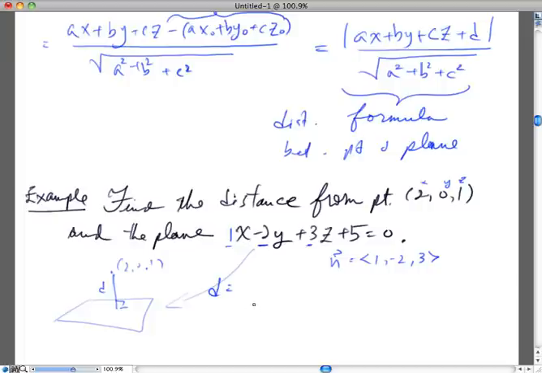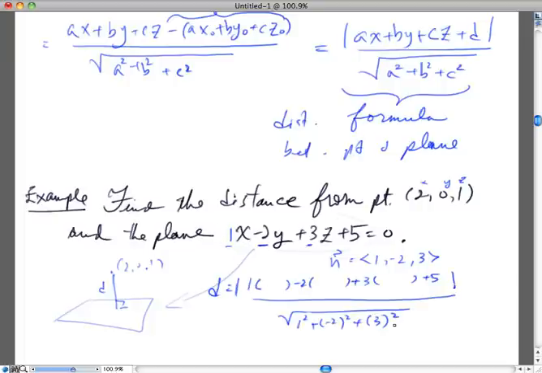The way you apply this is essentially copy this formula over here, and then I copy the coefficients of the x, y, z down here to find the distance. And the x, y, z you replace with the point, which is 2, 0, and 1. When you go through the math, it comes out to 10 over square root of 14. And it is that straightforward, guys. Good luck.